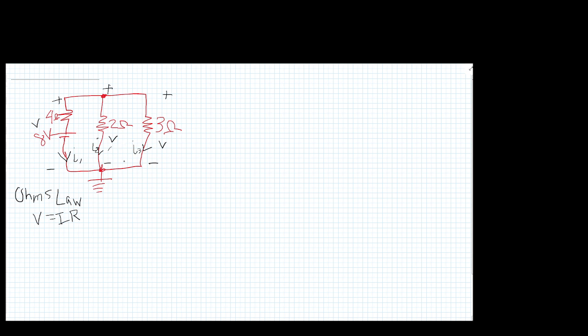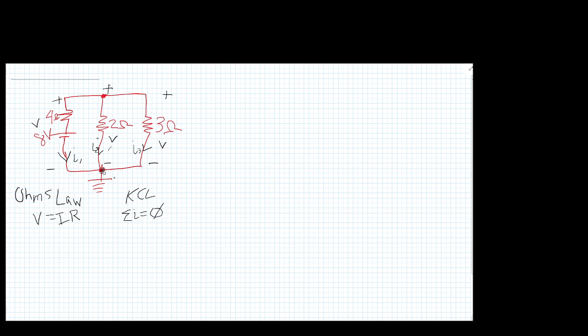And Kirchhoff's current law says that the sum of the currents entering a node is equal to 0. So basically, the sum of all the currents entering a node is equal to 0. And here, let's look at this node here. So into this node, we have I1 plus I2 plus I3.